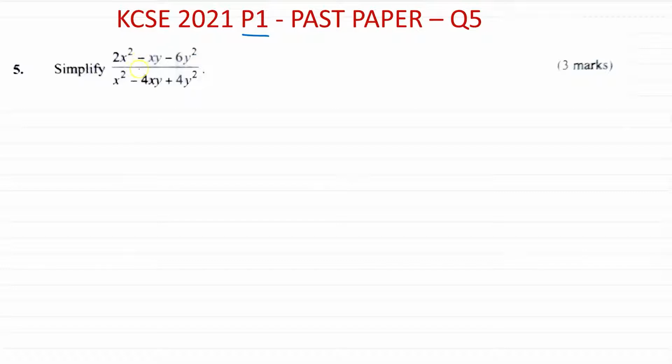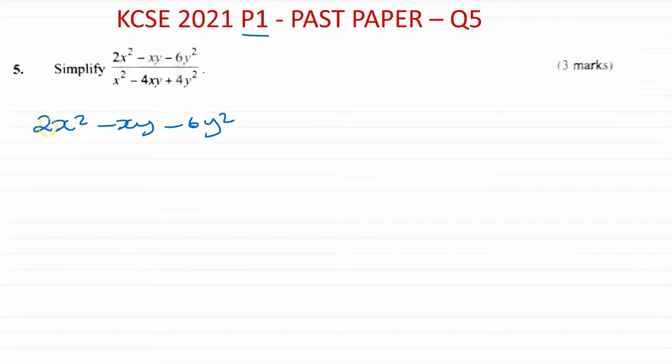Now we need to find a trick that is going to help us to factorize this. Normally you would need to factorize these and then cancel out some brackets. That's what we're going to do. So I'm going to do 2x squared minus xy minus 6y squared first.